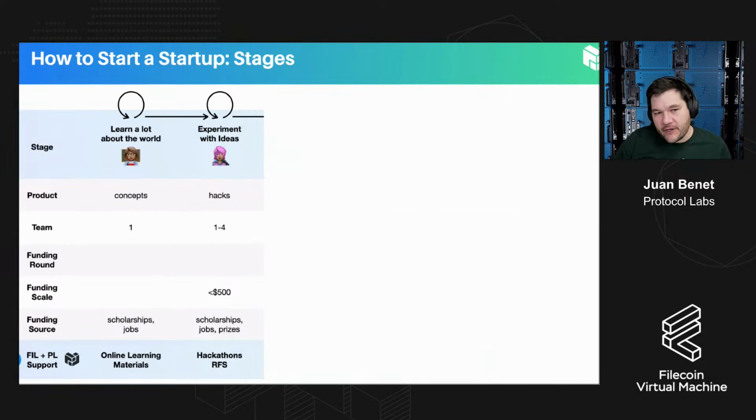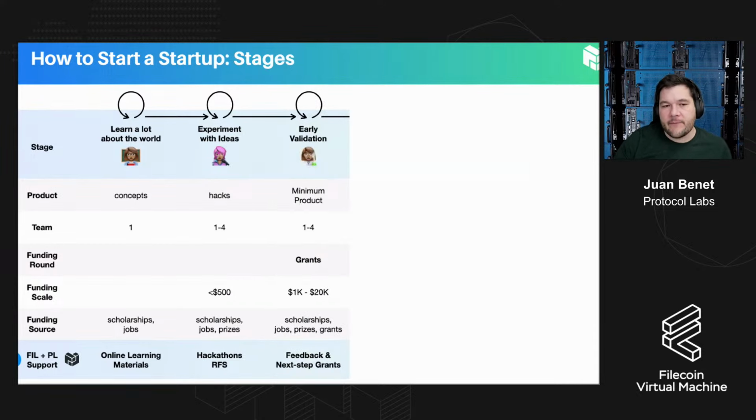The first major step that you need to take is to start experimenting with ideas. As you have heard of many potential ideas today, think of experimenting with those and building early hacks. Whether it's a paper prototype or a Figma prototype, or you actually go and build a thing, think of that experimentation as really key to taking your first step towards building with FVM. Then from there, once you find an idea that maybe has legs, think of jumping into early validation.